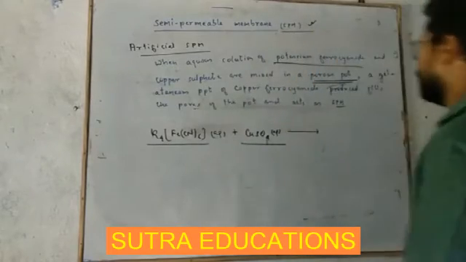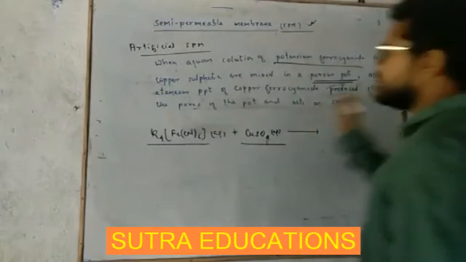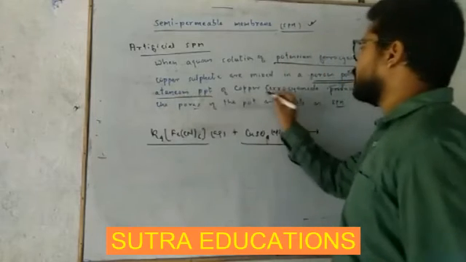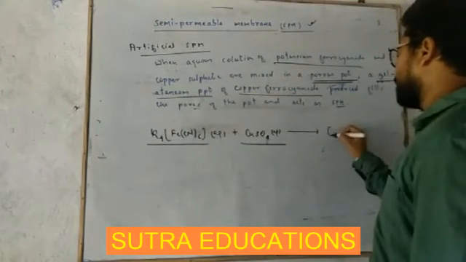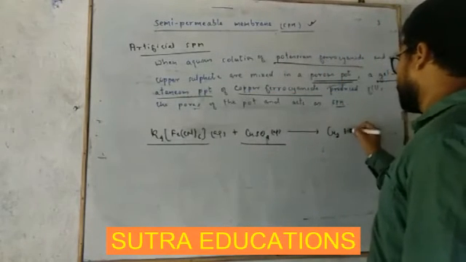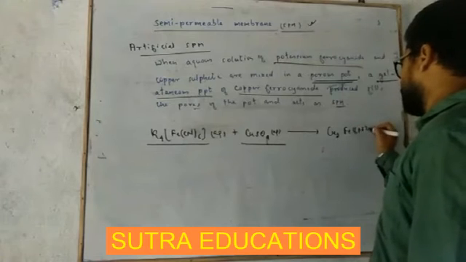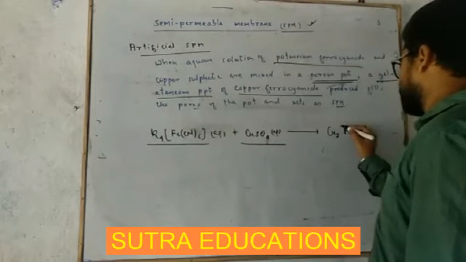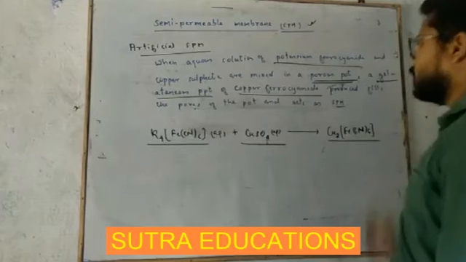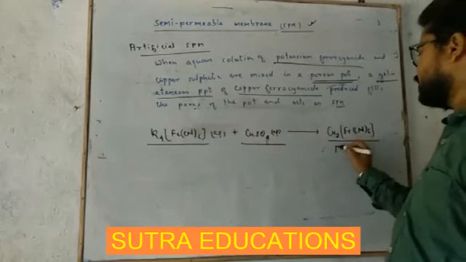A gelatinous precipitate of copper ferrocyanide, Cu2[Fe(CN)6], is formed. It is a precipitate.